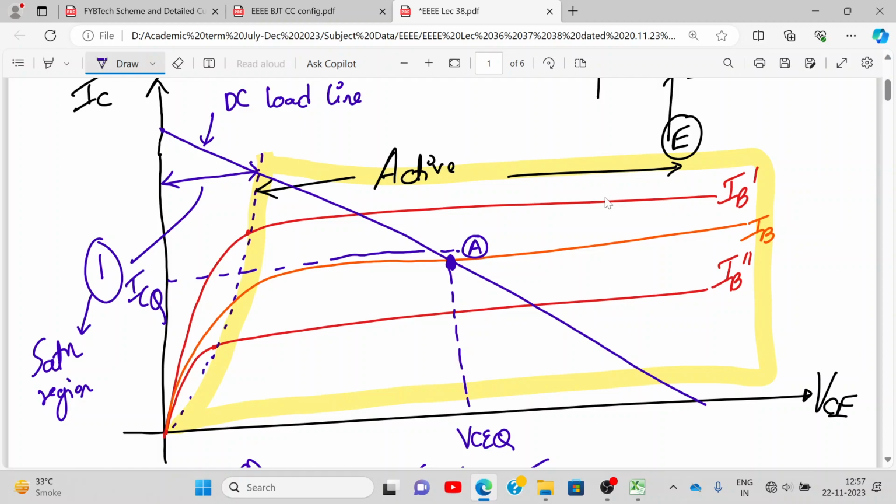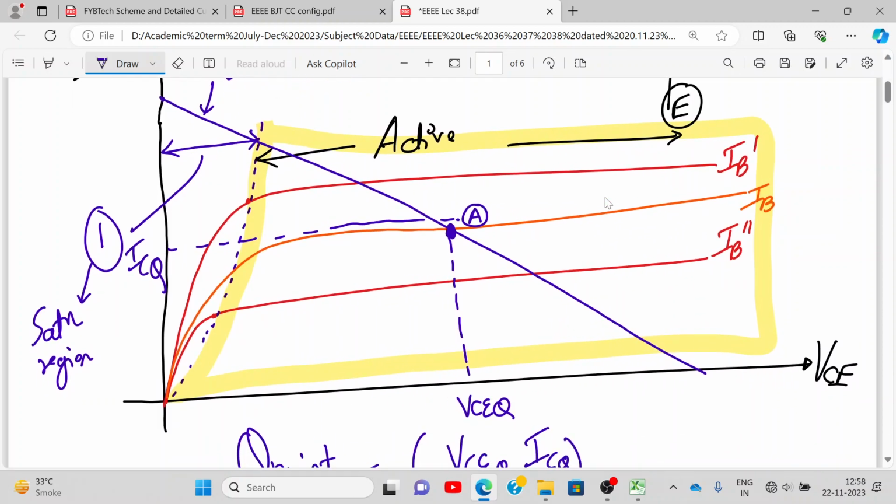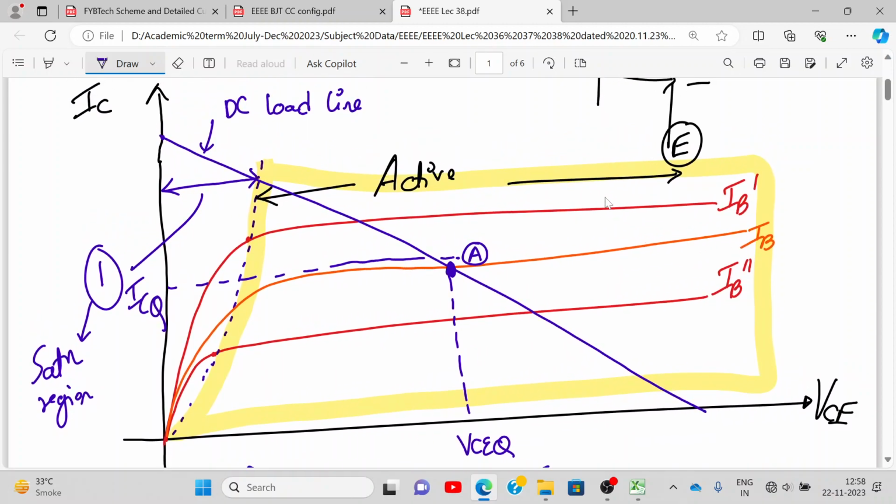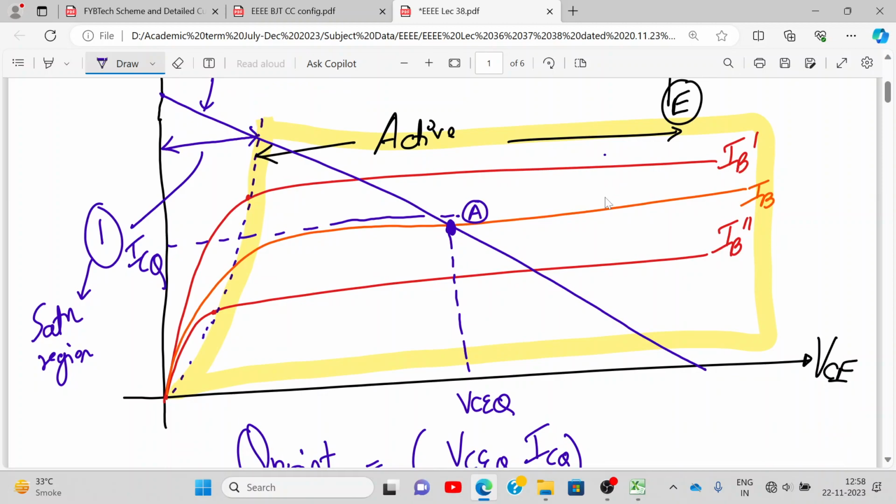So mark this graph and mark the Q point, please, quickly. The values of IC and VCE which make sure that the BJT operates in the active region are called the operating point, Q point.